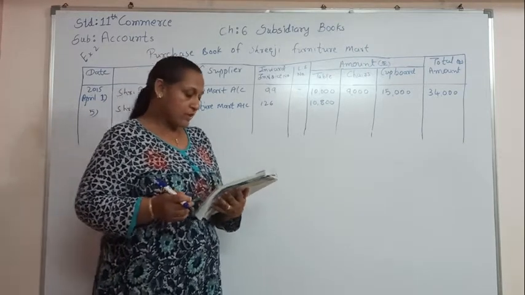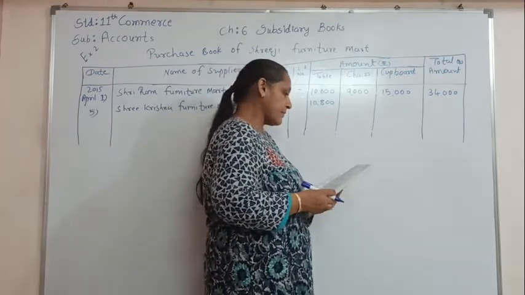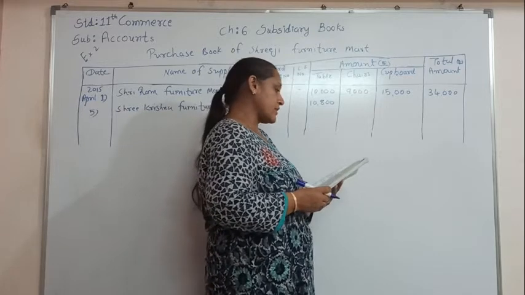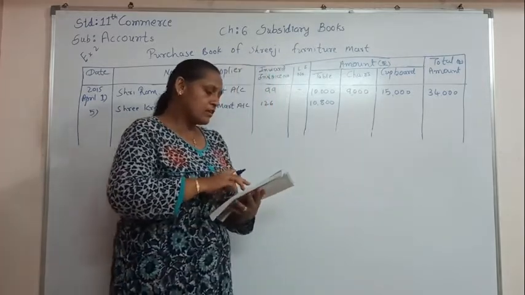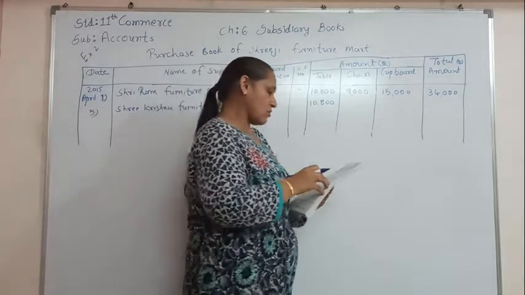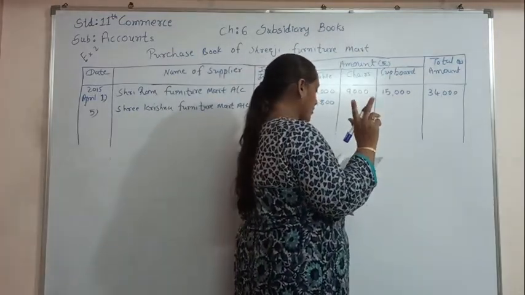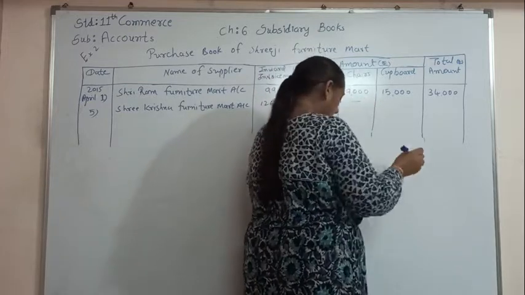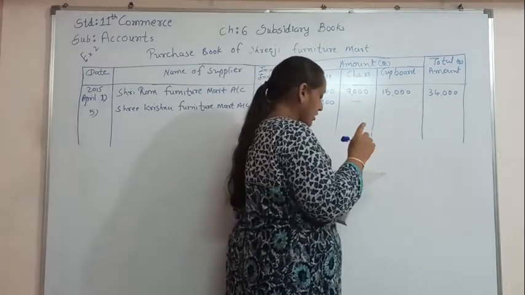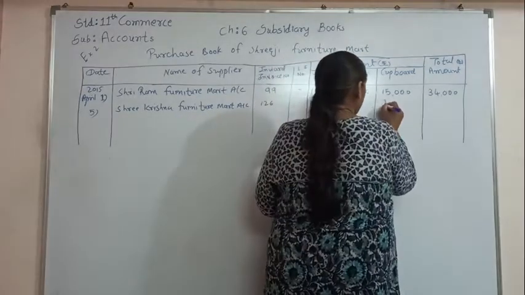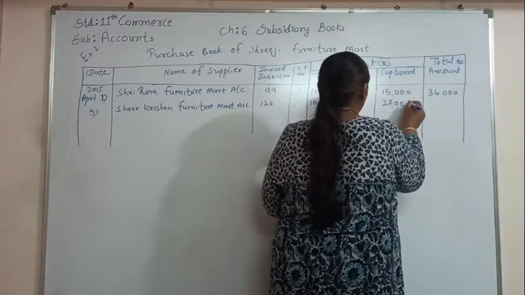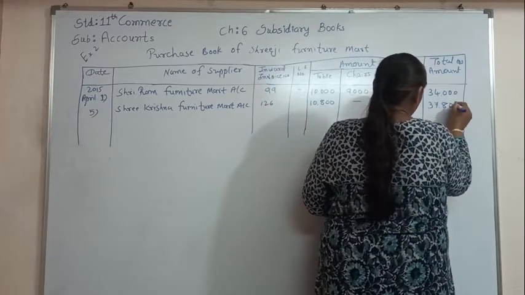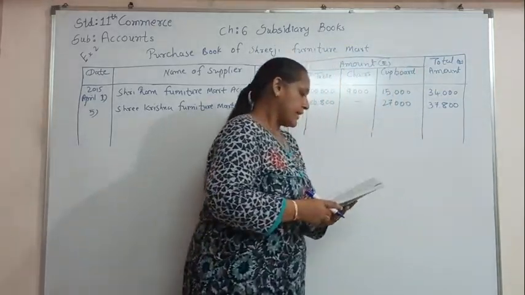So the total of that will be 30,000, and from 30,000 if we deduct 10%, the amount will be 27,000. So here we are purchasing only two things, that is table as well as cupboard. We are not purchasing any chairs from him. So in that column we are going to write a dash, and here we are going to write down 27,000. So the total of this will be 37,800.